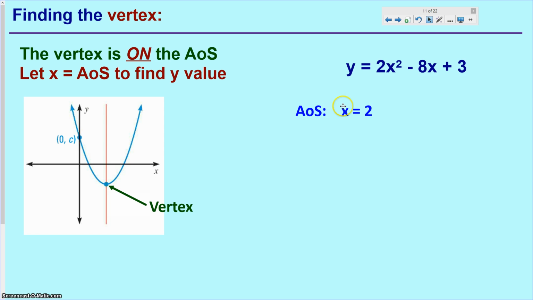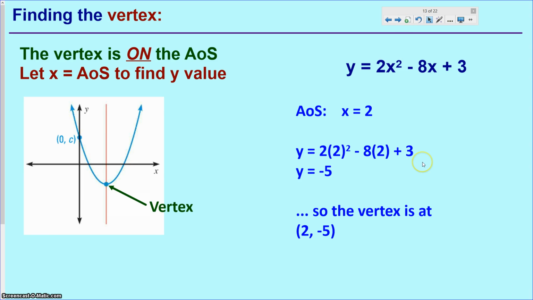So if we take our axis of symmetry here, in this case x equals 2, and we pop it right back into the function, we just substitute it in. We have 2 times 2 squared minus 8 times 2 plus 3 equals y equals -5. So that means I plugged in 2, I got out -5. That sounds like a coordinate to me. So basically the vertex is at (2, -5).